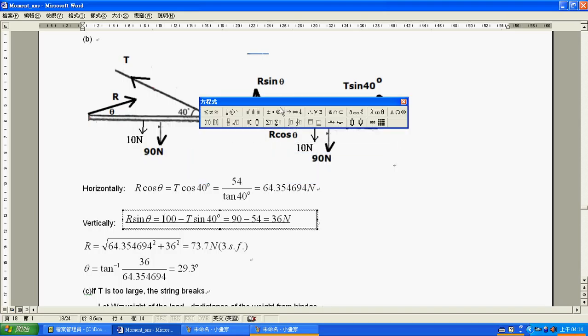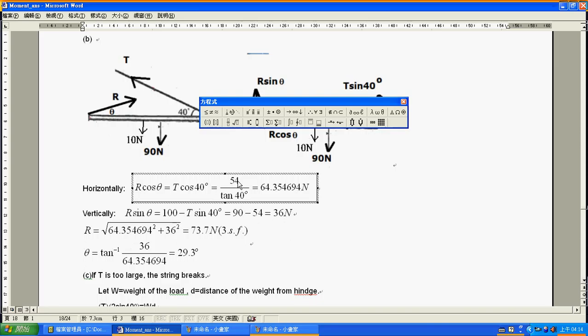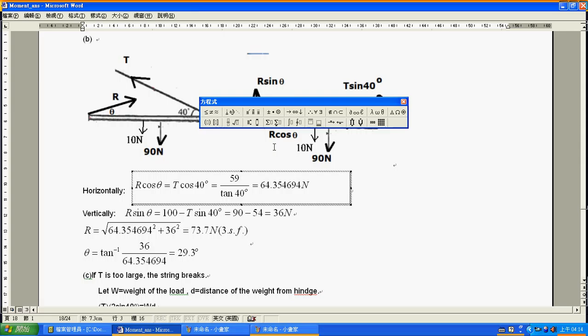Okay, T sine 40 degrees. Oh, I beg your pardon. Is it 59? 59. What was that? 59 over tangent. So 59 divided by tangent 40 degrees.